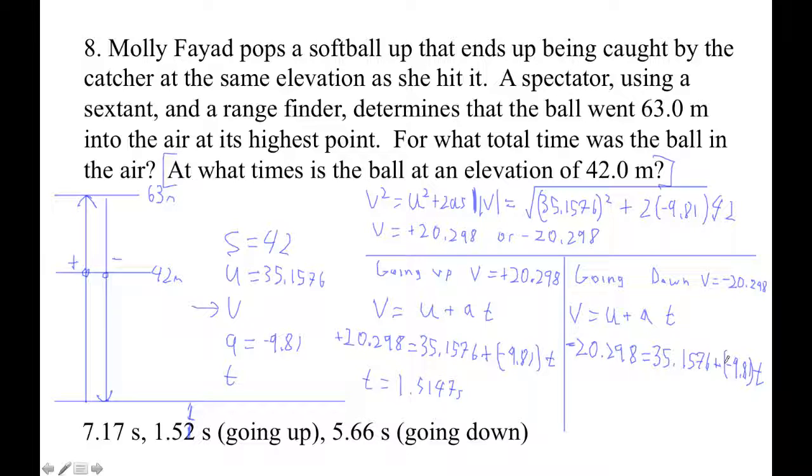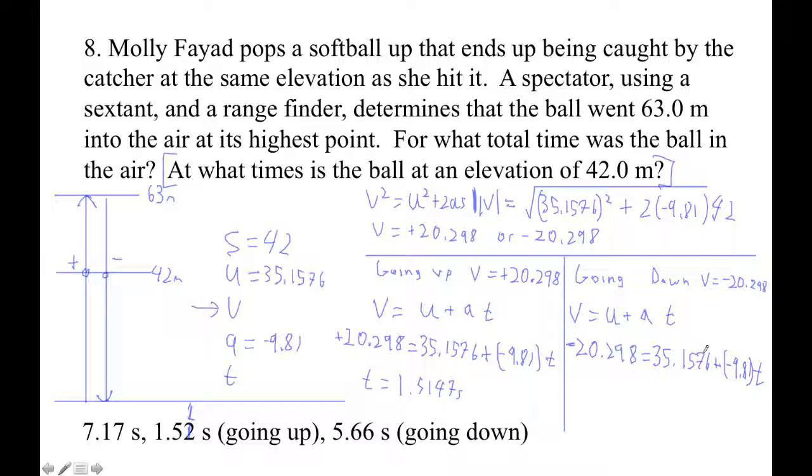Okay, so here we go. I'm just recalling these numbers from memory, but you would go negative 20.298 minus 35.1576 and get something like negative 55.4559.